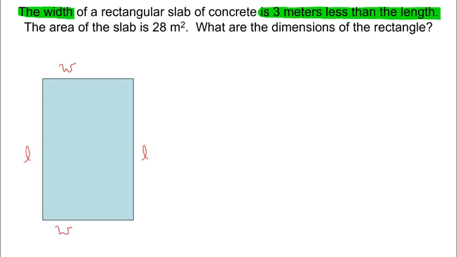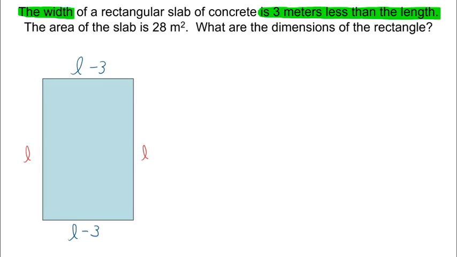So that means the width is equal to 3 meters less than L, or the width is the same thing as the length minus 3. So rather than using a W for the width, we're just going to use the expression L minus 3. And now we have one variable representing all the sides of our rectangle rather than two.